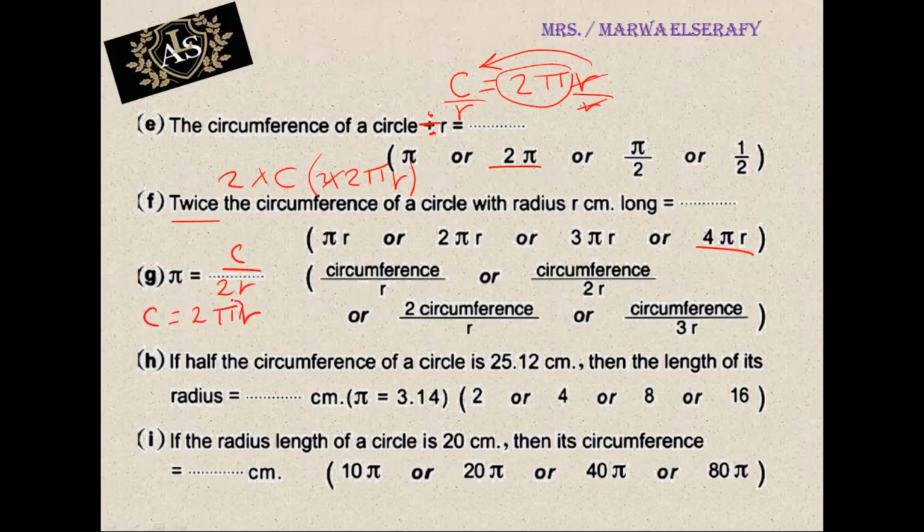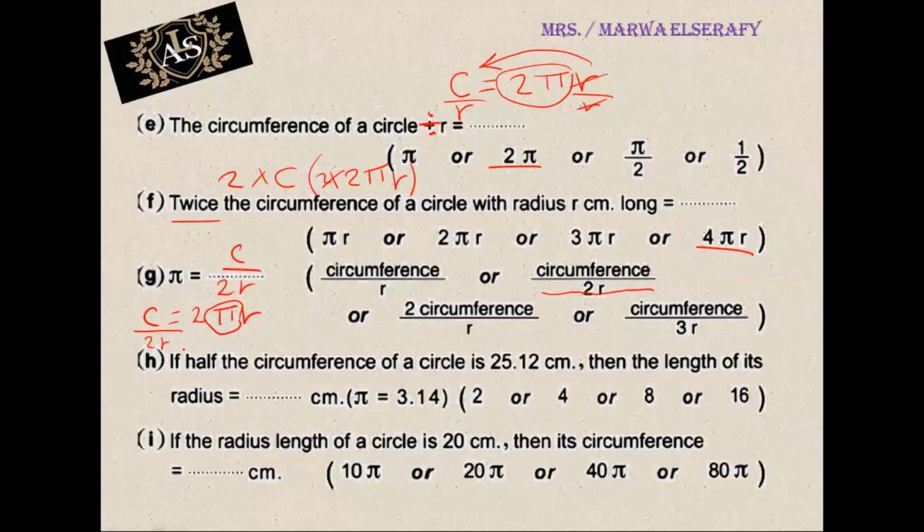If you want pi alone, divided by anything without it, you will take 2r to the second side by the inverse sign. In here, it's 2 times pi times r, so I will take 2 times r to the other side by divide. So the rule will be equal circumference divided by 2r. Which one? Yes, it's the second one.